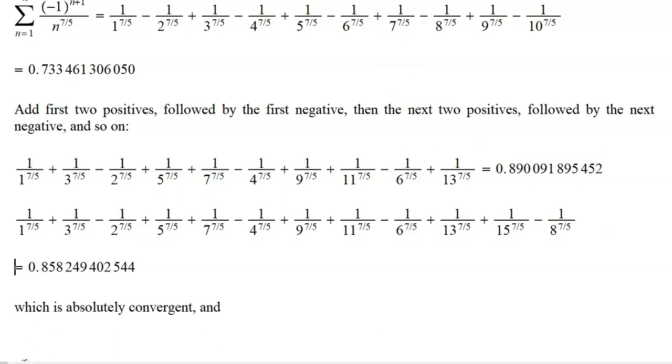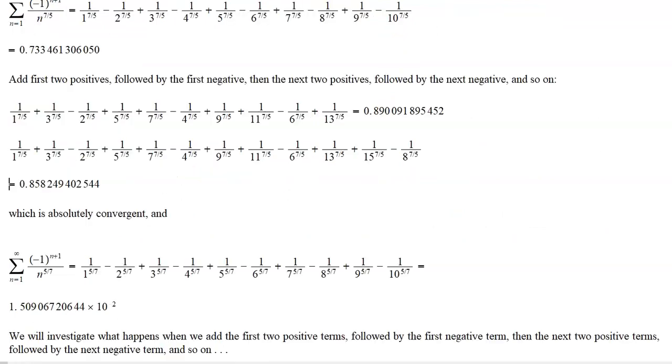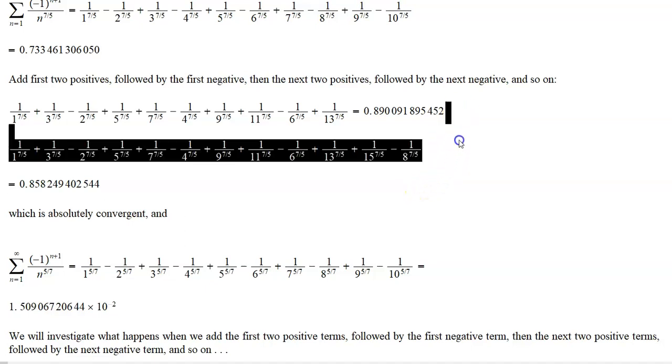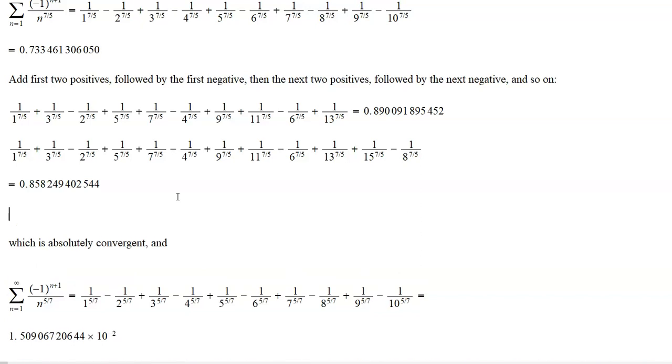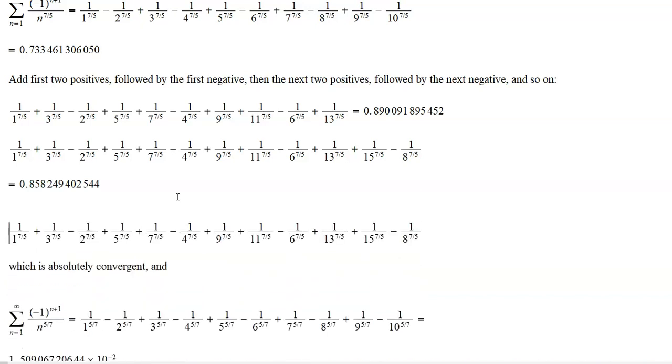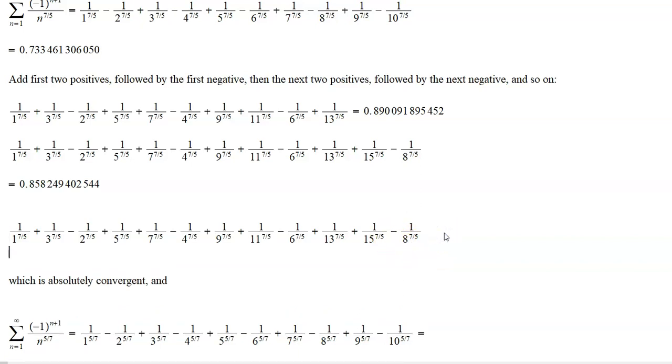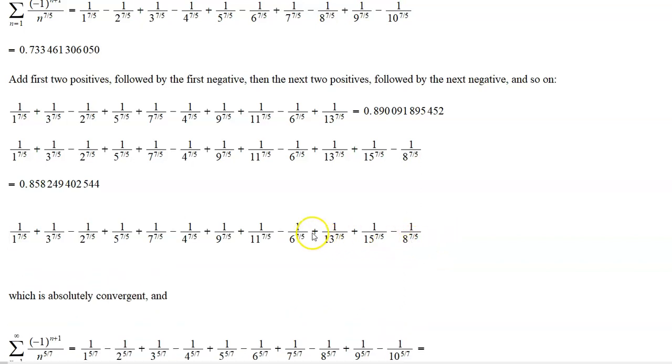Okay, so you know what? Let me shrink the screen a little bit. Let's go 150. Okay, yes, we are gonna add a couple more terms. So where are we? I need 2 more pluses and a minus.